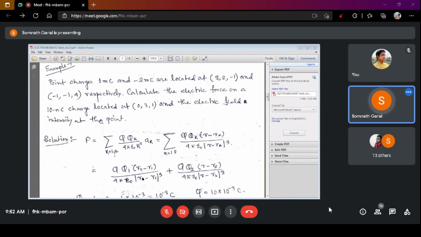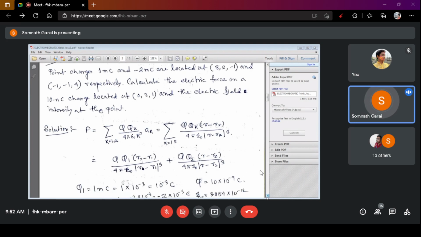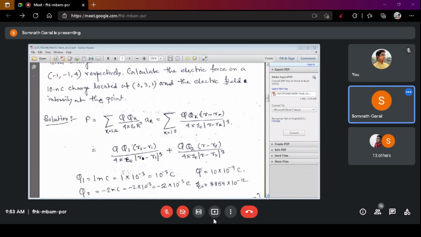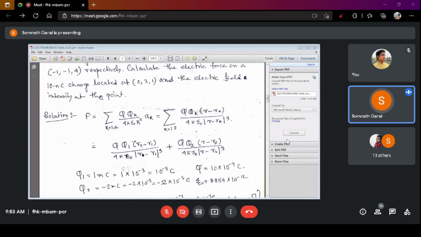Now we vary the value of k. If we vary the value of k, we put at first k equal to 1 and then k equal to 2. So the equation will be for 2 point charges Q1, this is not R1, this is R. Okay, that's Q. This R2 is equal to R. Right?